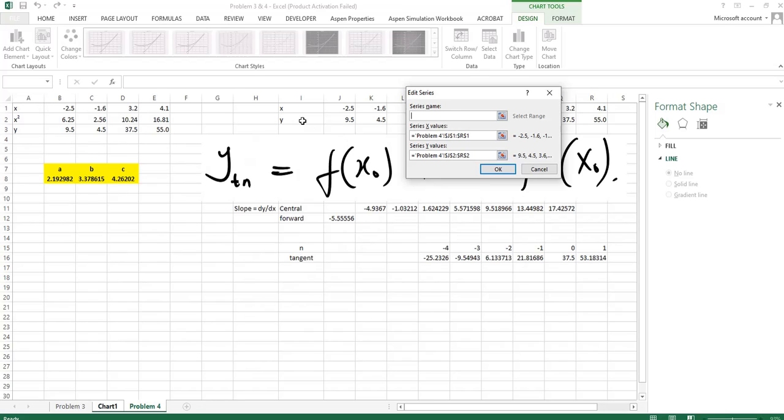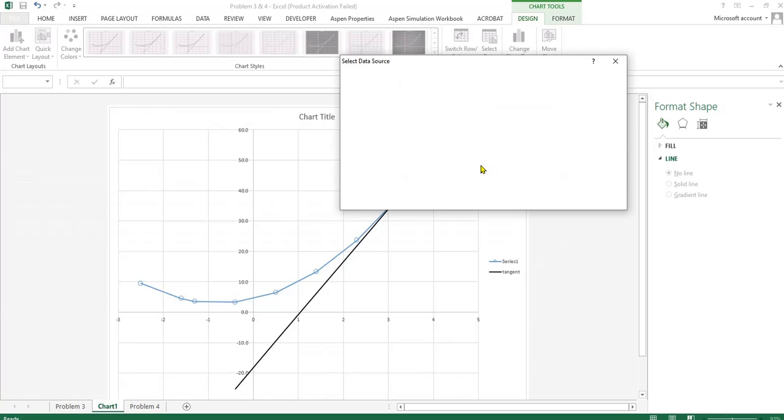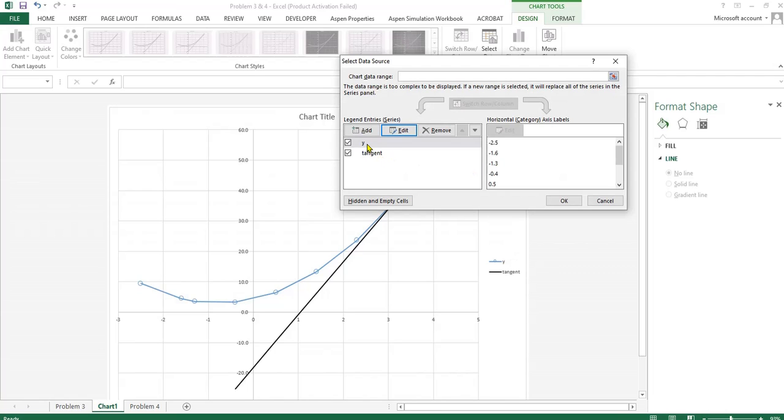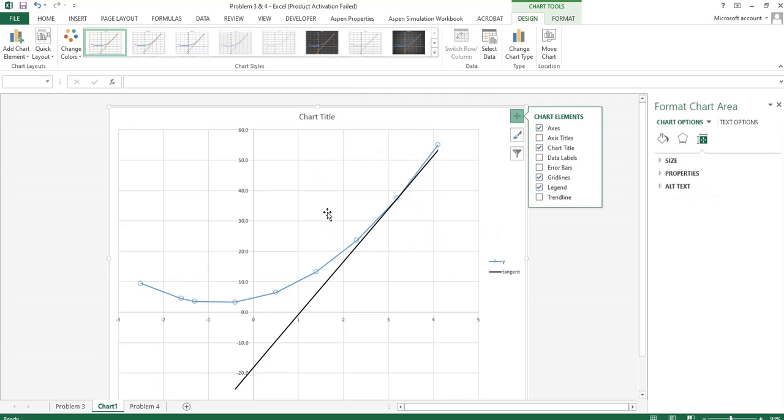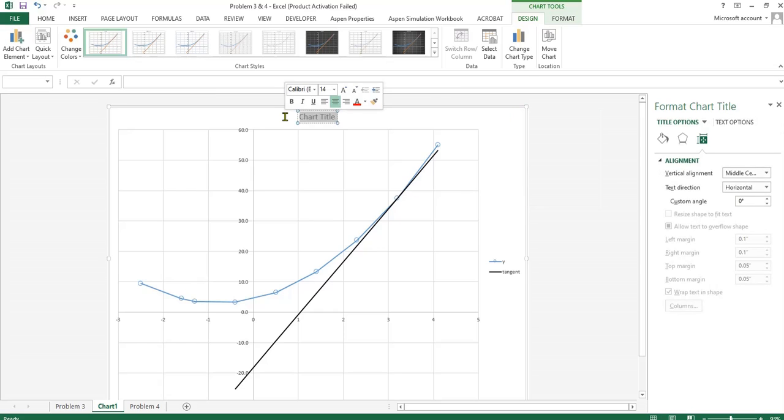I will just select this point so that will be y. Change that, series 1 will be y. So it's y. I haven't selected that y value over here. So that is it. Now I can change the chart title to quadratic equation.